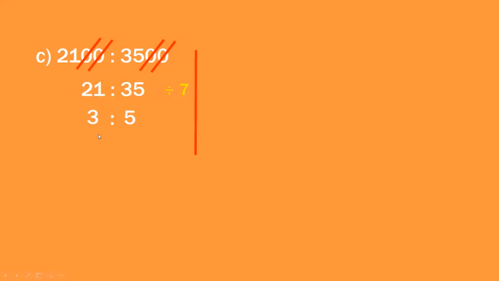And another exercise, 50 to 200. In this example, we can cancel 1 zero from the first term and 1 zero from the second term, because we can cancel only 1 zero from the second term since we canceled 1 zero from the first term.